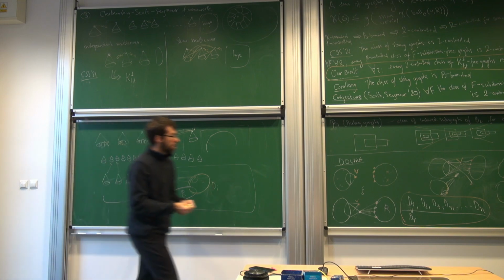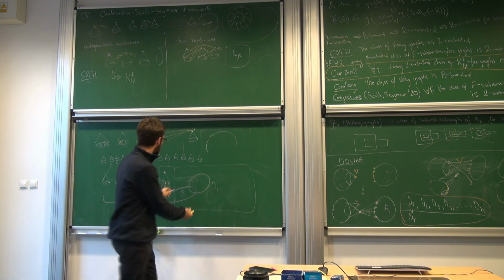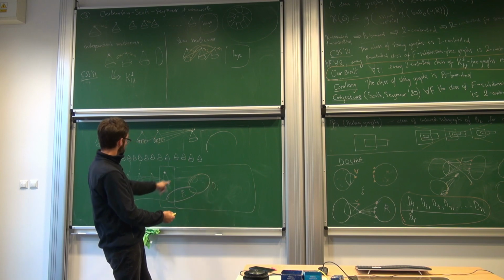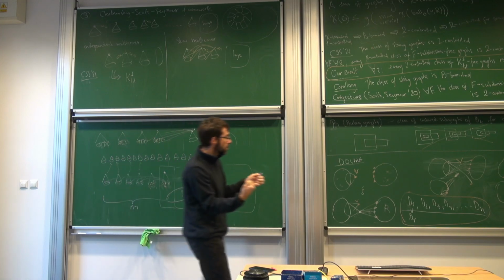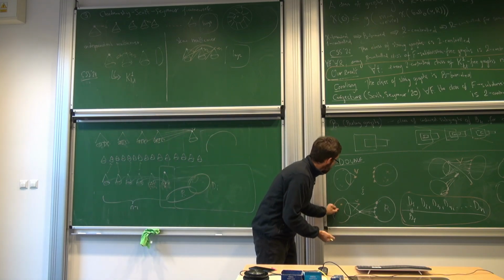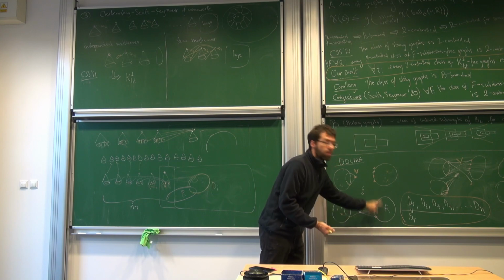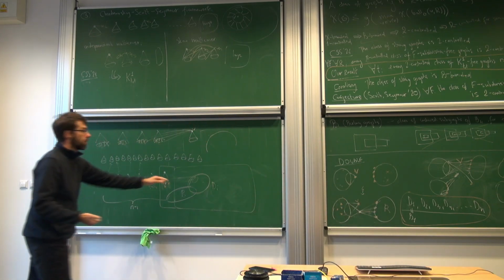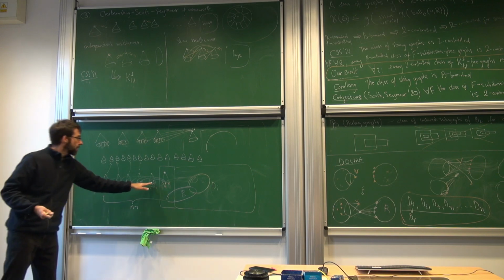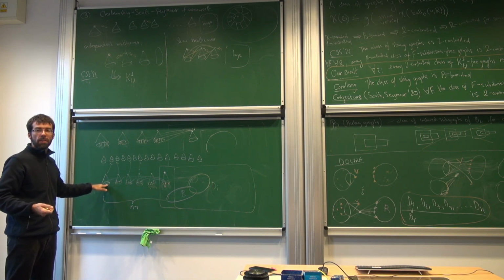Yes, for this D_{i+1}, this plus this together forms D_{i+1}. And the active vertices of D_{i+1} are the orange vertices, including V, plus the purple vertices. They are all the active vertices of D_{i+1}. So I want to be able to find them everywhere.